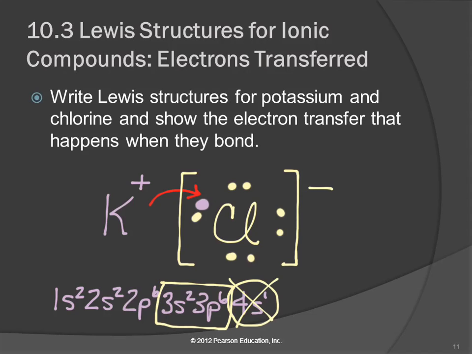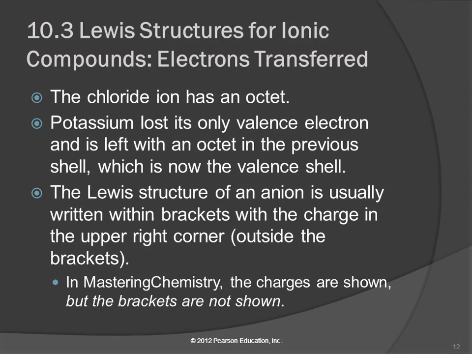Any questions? The result is the chloride ion has an octet. Potassium lost its only valence electron, but underneath, the previous shell, which was part of the core electrons, becomes the valence shell. And we do brackets and the charge on the outside.